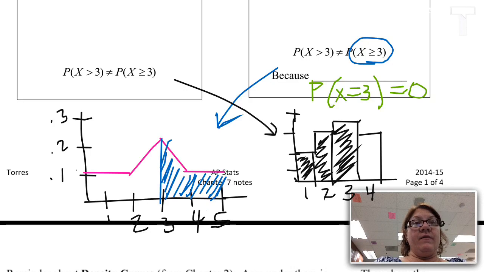But now there is a difference between greater than 3 and greater than or equal to, because if I do greater than 3, I just want this bar. If I do greater than or equal to 3, then I want both bars. So these are not the same.